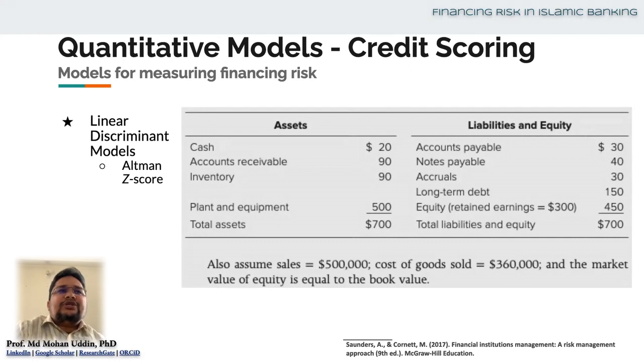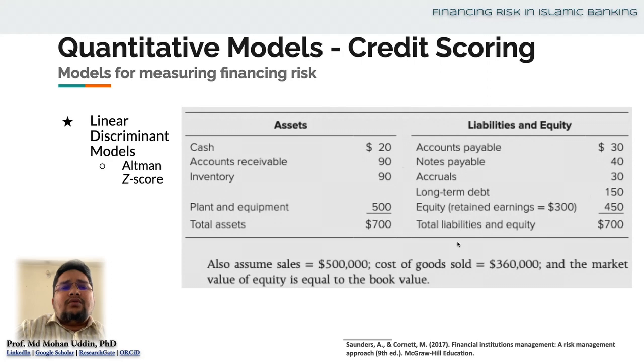You can see the composition of the assets. It has $20 of cash, $90 accounts receivable, inventory is 90, and fixed assets, that means plant and equipment, is 500. On the other hand, it has accounts payable 30, notes payable 40, accruals 30, long-term debt 150, and equity 450. And out of the 450, 300 is retained earnings.